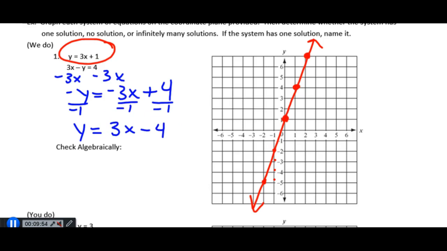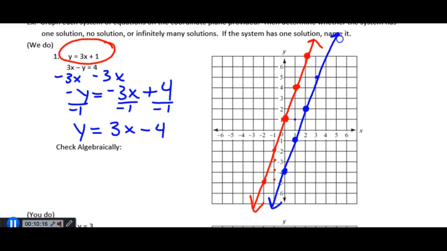So this one, I'm going to start at negative 4, move up 3, over 1, up 3, over 1.